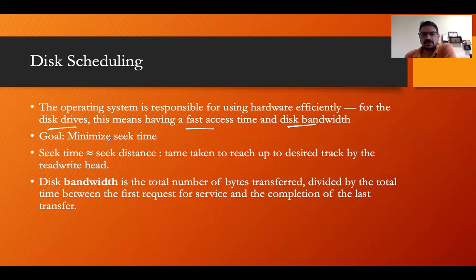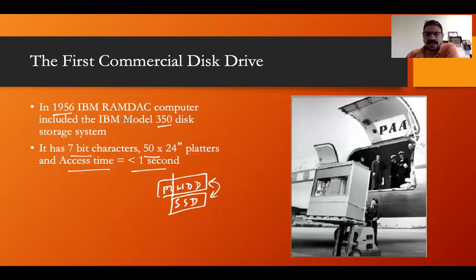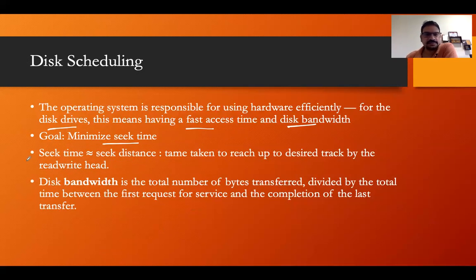Now, the next goal is to reduce the seek time. So what is the seek time? The seek time is the time in which the read-write head reaches the desired sector. The time taken by the read-write head to reach the desired track is called seek time.